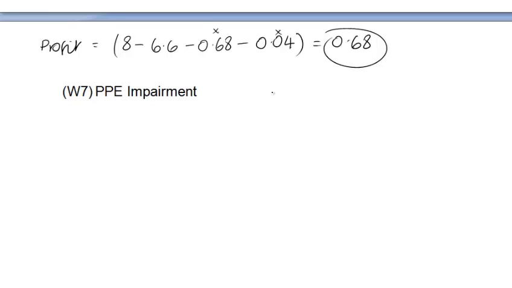Now in terms of the PPE impairment, this is an asset which has been revalued. So we've got the original cost of the asset, which was 10 million. When did we buy the asset? It was the 1st of June X0.